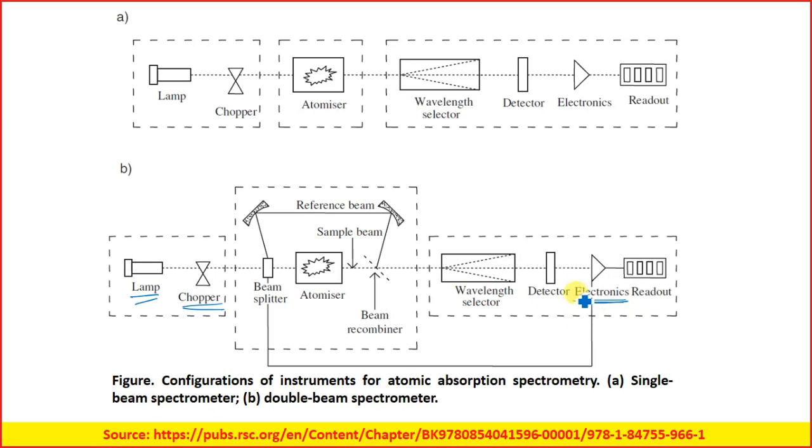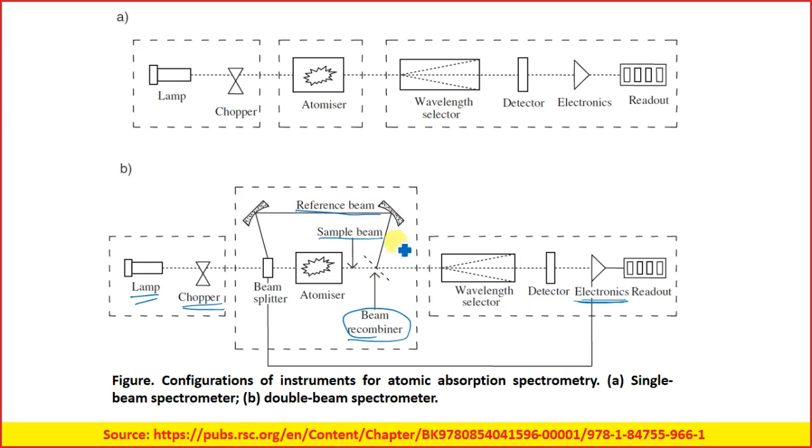In the meantime, the beam passes through the atomizer, and you get the sample beam. Then you have the reference beam, which comes to the position where we have the beam recombiner. It combines the beam from the reference and the sample, but please remember that the electronic component has the information on what time it receives the beam from the sample and from the reference.